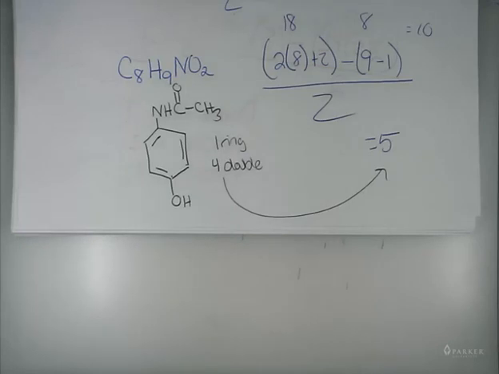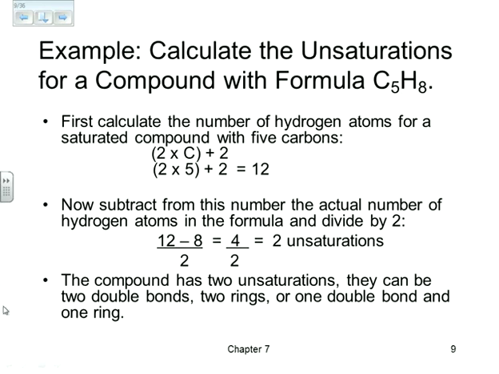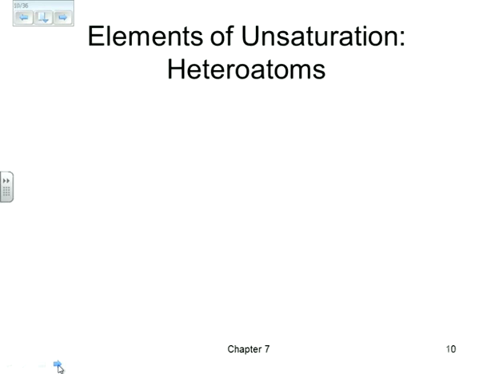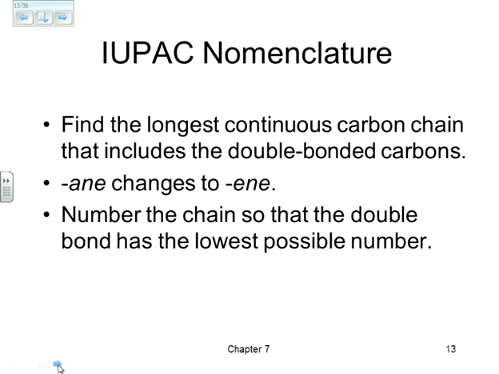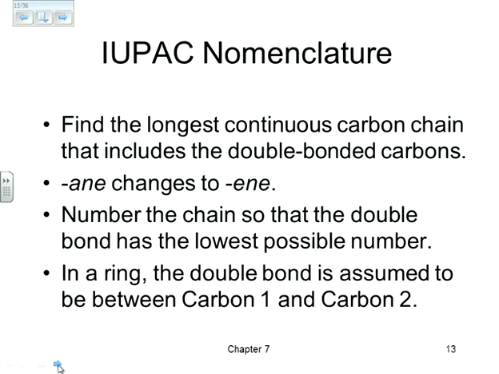Okay, so the last thing we're going to do today, and then you can go, will be naming. And naming's not too bad. Okay, so everything we named before would be like pentane, butane, ethane, propane, right?